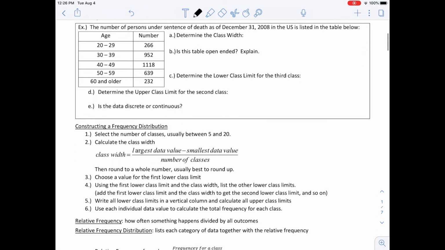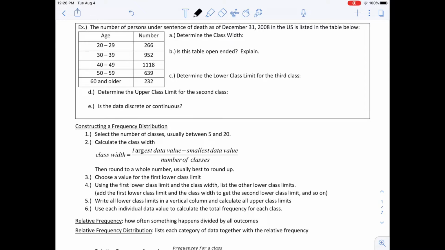The first example says the number of persons under sentence of death as of December 31st, 2008 in the U.S. is listed in the table below. You can see that there are ages listed in classes and a number, or frequency, for each of those groups or classes. The first question says determine the class width.